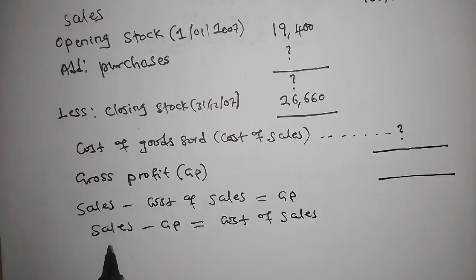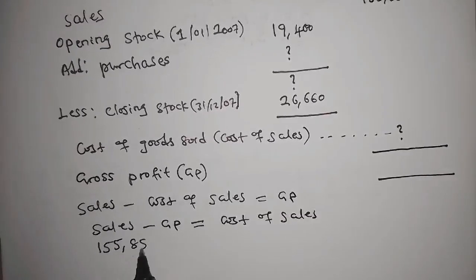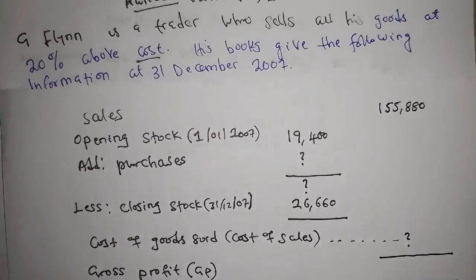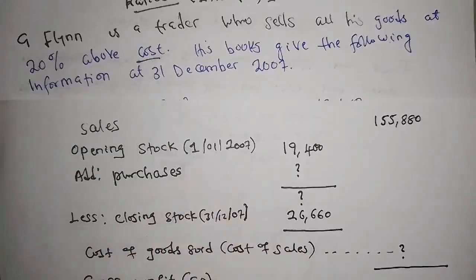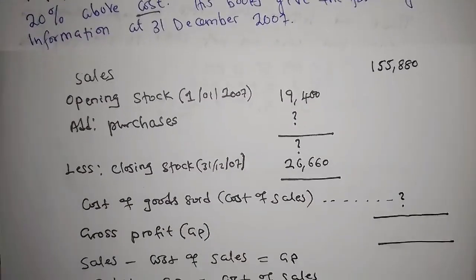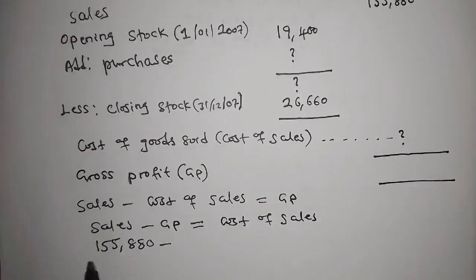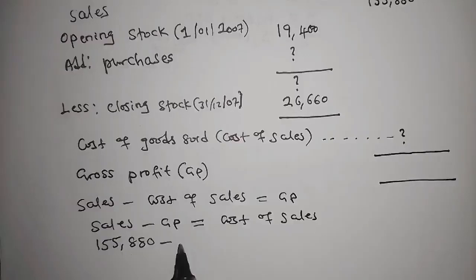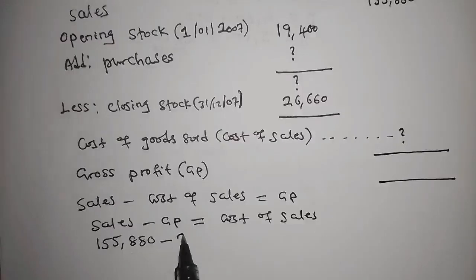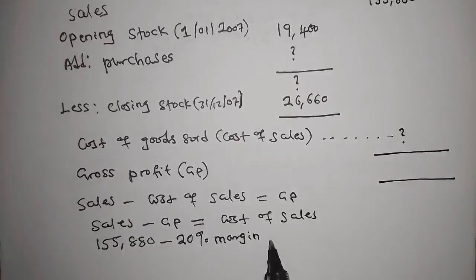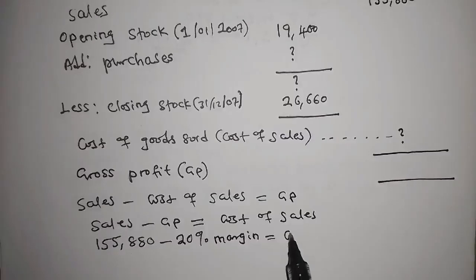We know that the sales is 155,880, and the question says 20% above cost. Anything to do with sales is sales margin, so this gives us a 20% margin, equal to cost of sales.